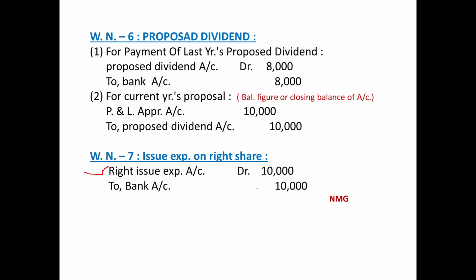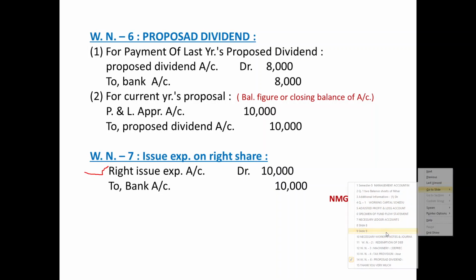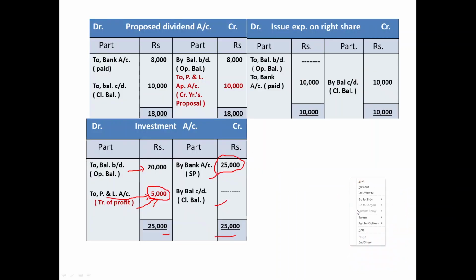See the journal entry. Right issue expenditure account debit to bank account credit. If we prepare the ledger account for this account, it will appear like this. Have a look. Right issue expenditure. No opening balance. Closing balance 10,000. That is due to expenditure incurred in the current year.